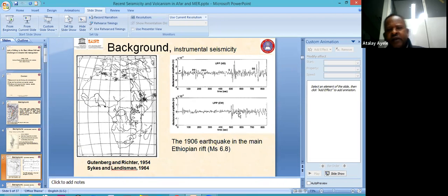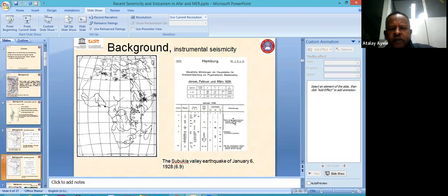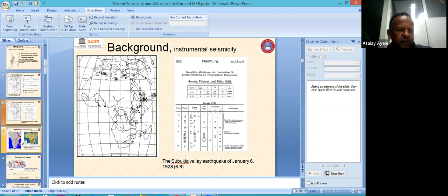They used records from Wiechert's instruments, and for instance, this is a bulletin reported from Hamburg station for the Subukia Valley earthquake in Kenya. So they collected this kind of data and somehow concluded the seismicity of the East African Rift.